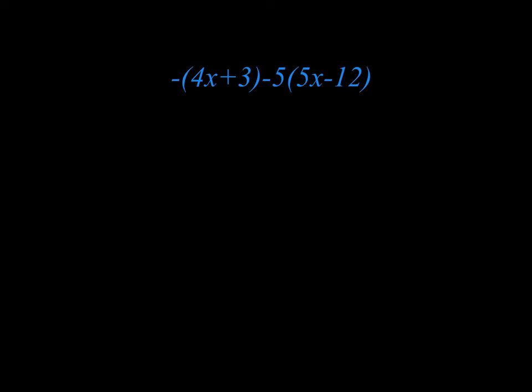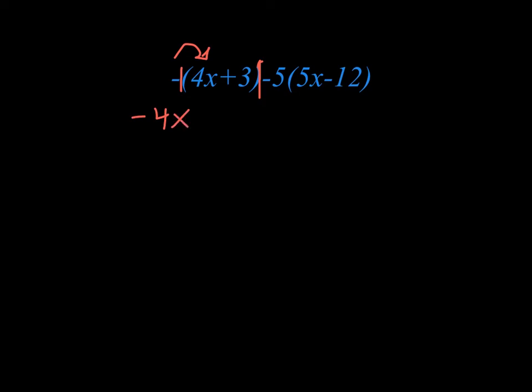So I have negative times 4x plus 3 minus 5 times 5x minus 12. Again, let's draw a divider between our two sets of distributive property. All right, I have a negative outside the 4x plus 3. Again, remember there's an understood 1 there. So I'm saying negative 1 times 4x, which is going to give me negative 4x.